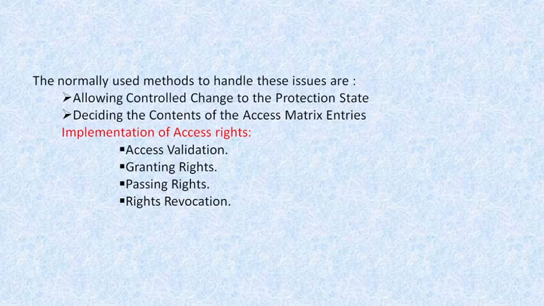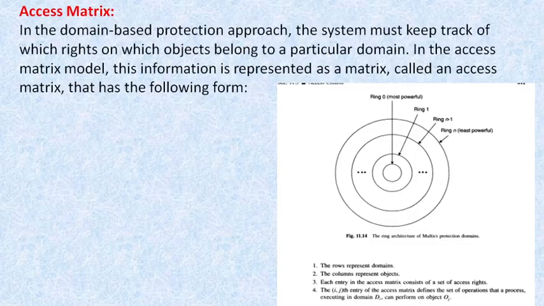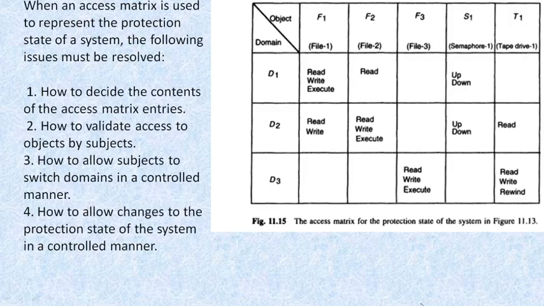And we have to validate access to objects by subjects. The terms we have used here: the access matrix entry i, j defines the set of operations that a process executing in domain Di can perform on object Oj.